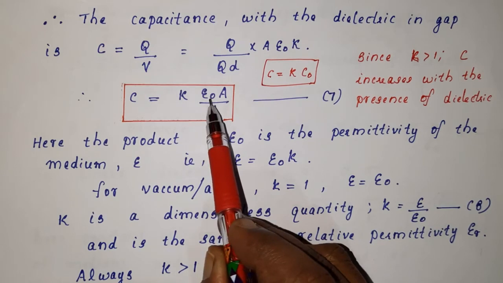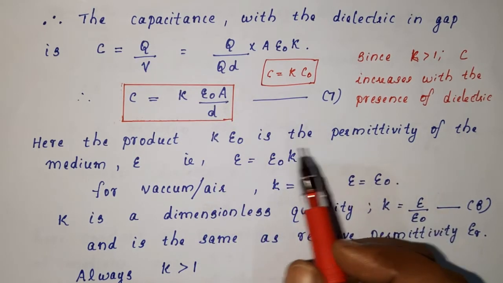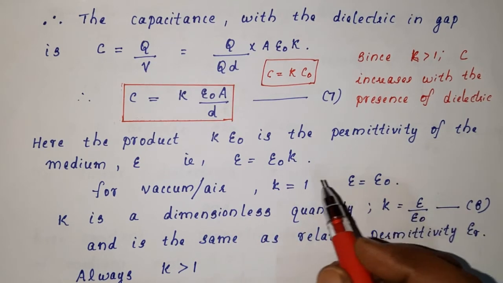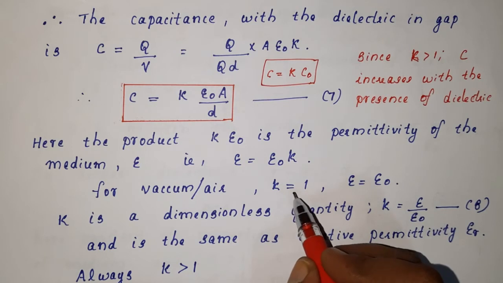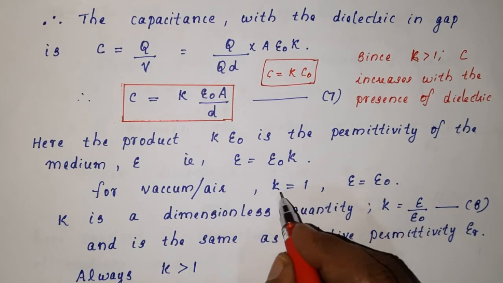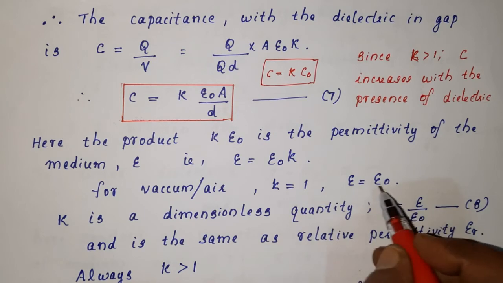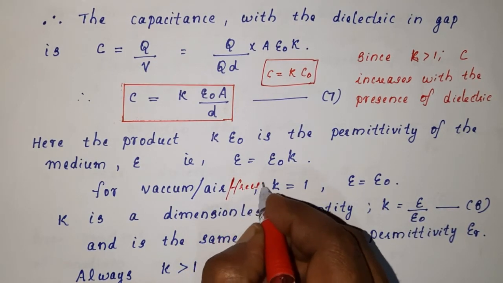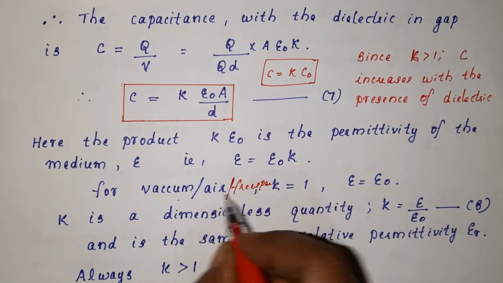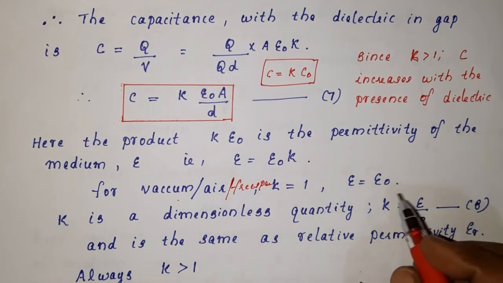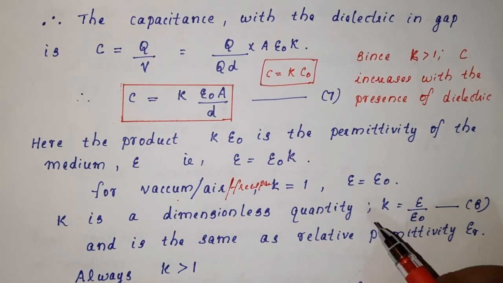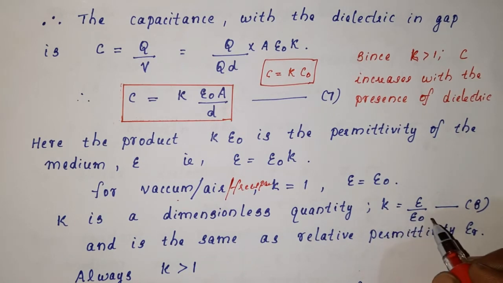So K epsilon 0 is the permittivity of the medium, that is epsilon, or we can write epsilon equal to epsilon 0 K. And we know for air or vacuum or free space, K will be equal to 1 and epsilon will be equal to epsilon 0. So K is a dimensionless quantity and K is equal to epsilon by epsilon 0.